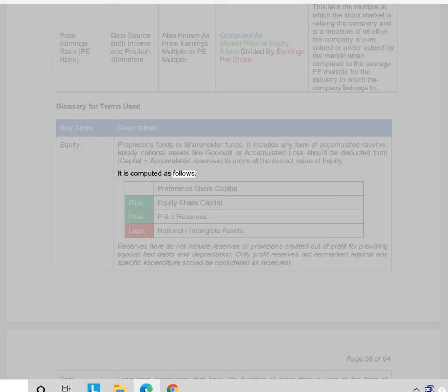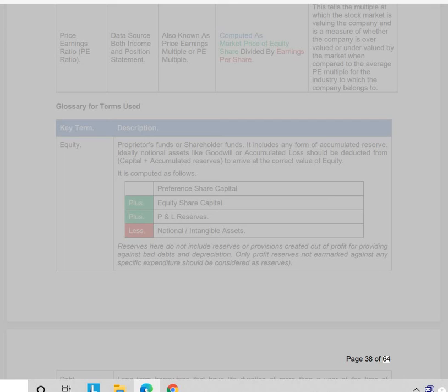It is computed as follows: preference share capital plus equity share capital plus P&L reserves less notional/intangible assets. Reserves here do not include reserves or provisions created out of profit for providing against bad debts and depreciation. Only profit reserves not earmarked against any specific expenditure should be considered as reserves.